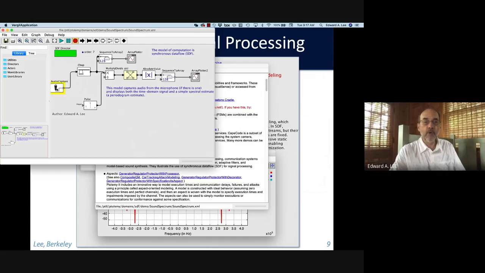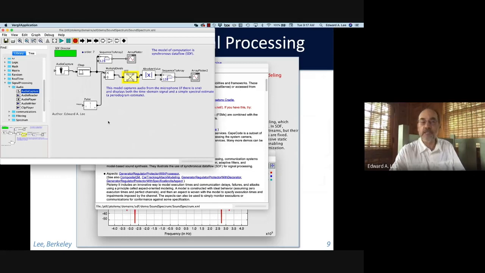It's got components like this audio capture component, this FFT component. These come from the library of actors over here. You can scroll down and find, for example, that the audio capture component came from this audio sublibrary of the signal processing library. Each of these components is quite well documented.